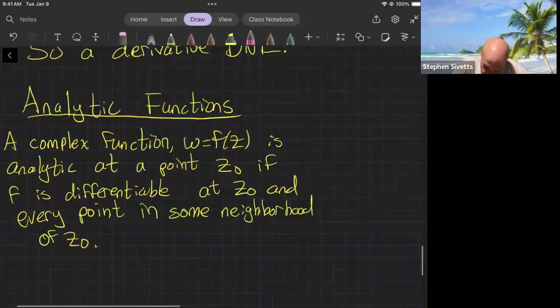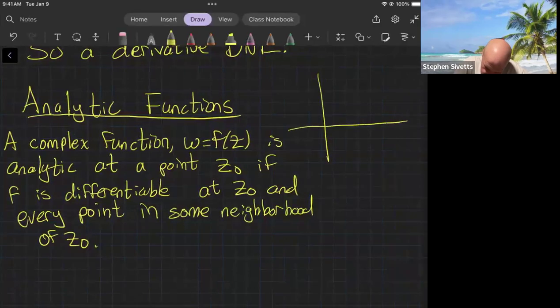Essentially we're going to look at points in some disk, it could be an epsilon neighborhood, which contains z naught.